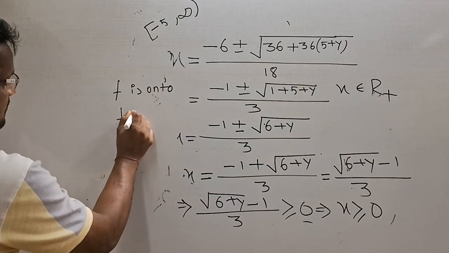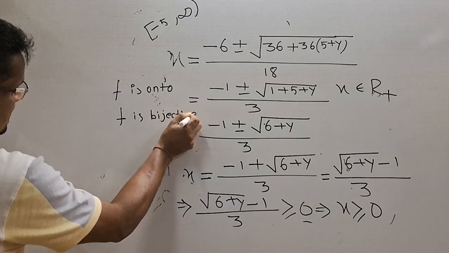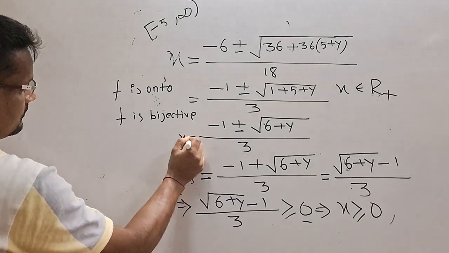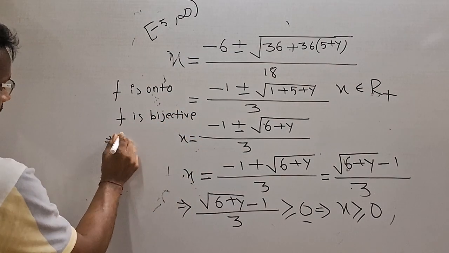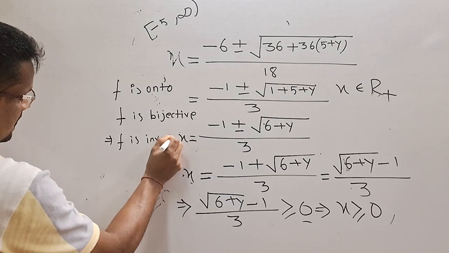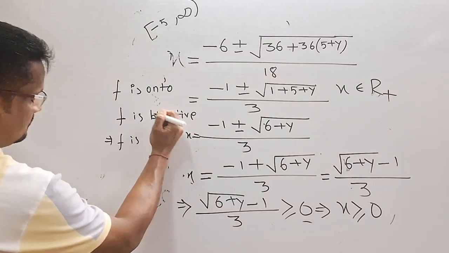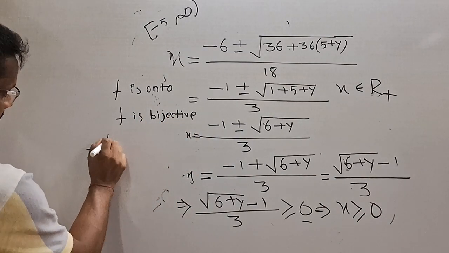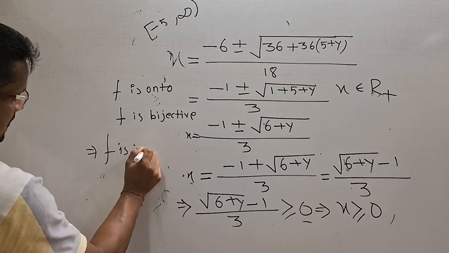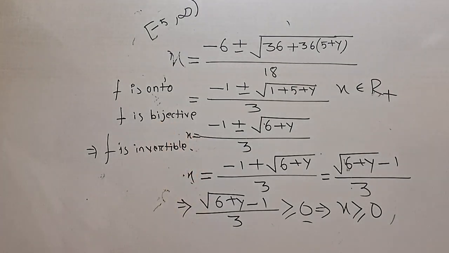So that means f is bijective. As f is bijective, it means f is invertible. So finally f is invertible. We proved f is invertible.